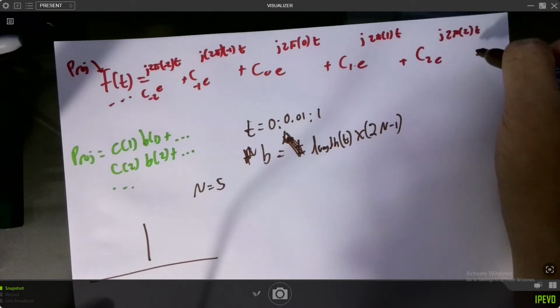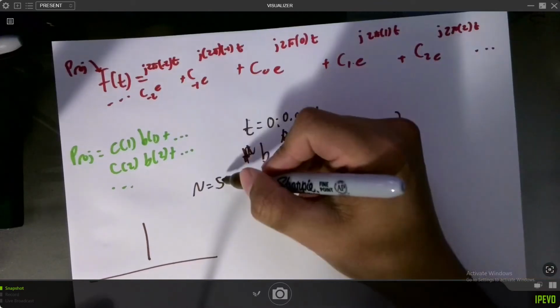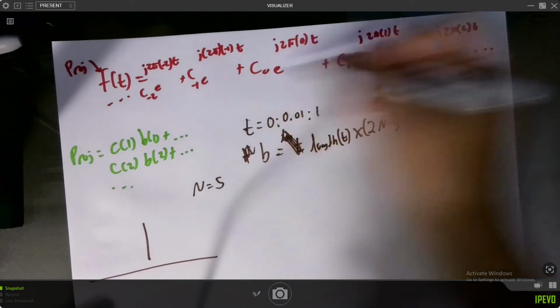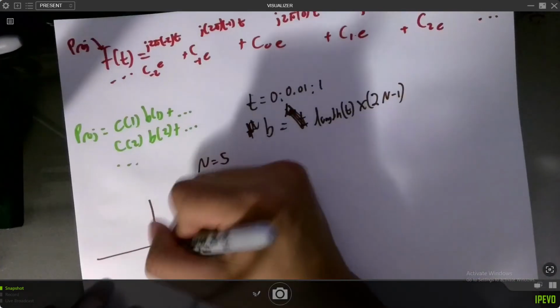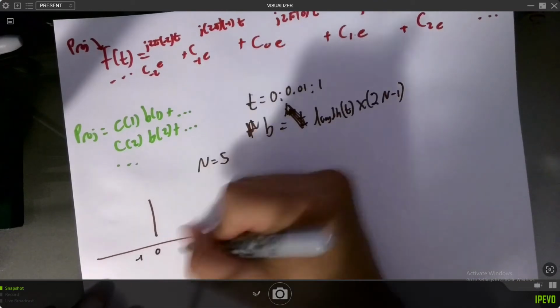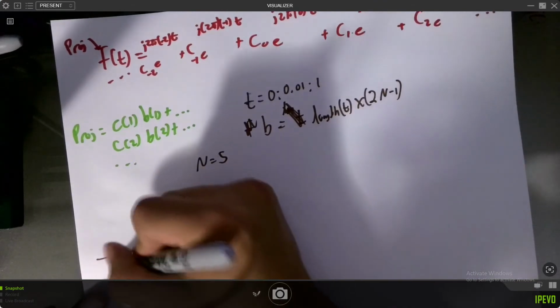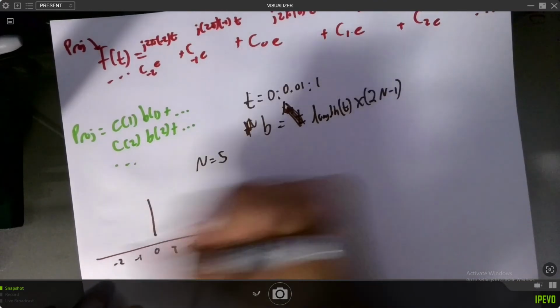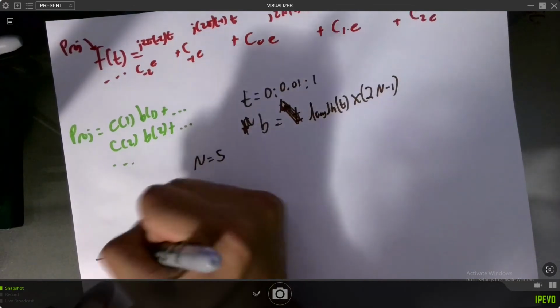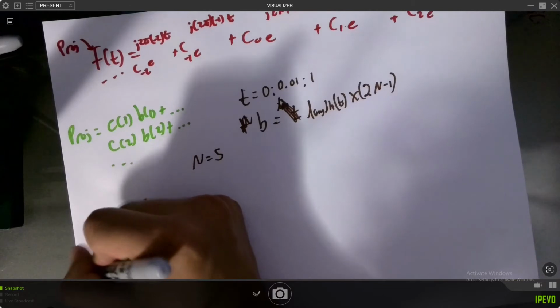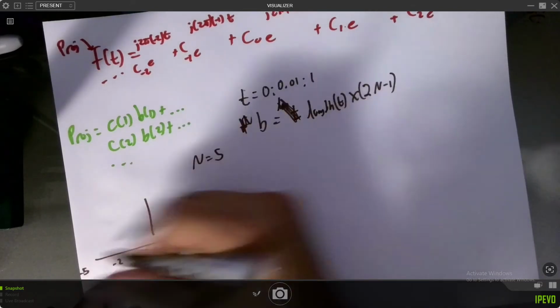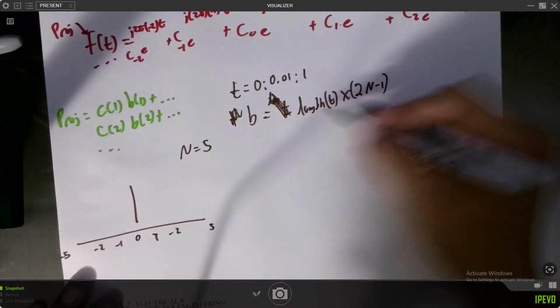N is equal to 5: 0, 1, 2, 3, 4, 5. Never mind. The point is, you're going to have 0 and minus 1, 1, and then minus 2, up to minus 5 and 5. You're going to have double the signals. So that's why I have this right here.